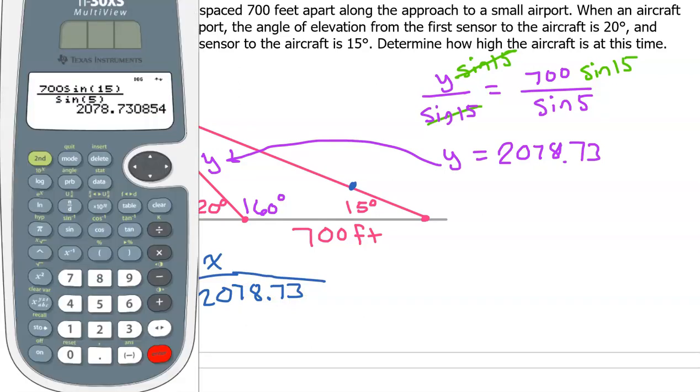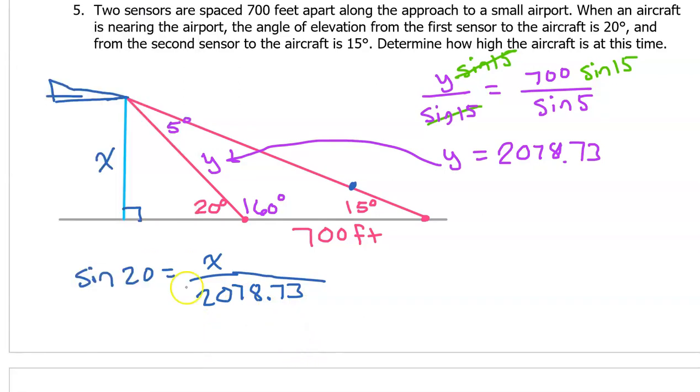To get x by itself, I'm simply going to multiply both sides by 2078.73. That way these will cancel each other out, and this should be the answer. This is the height of the aircraft at the time.